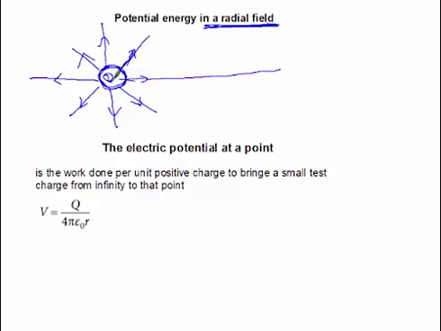As we know, the charge will be concentrated here in the center, and these lines are radial. This field is a radial field as it is radiating from the center, or we call it a spherical field.